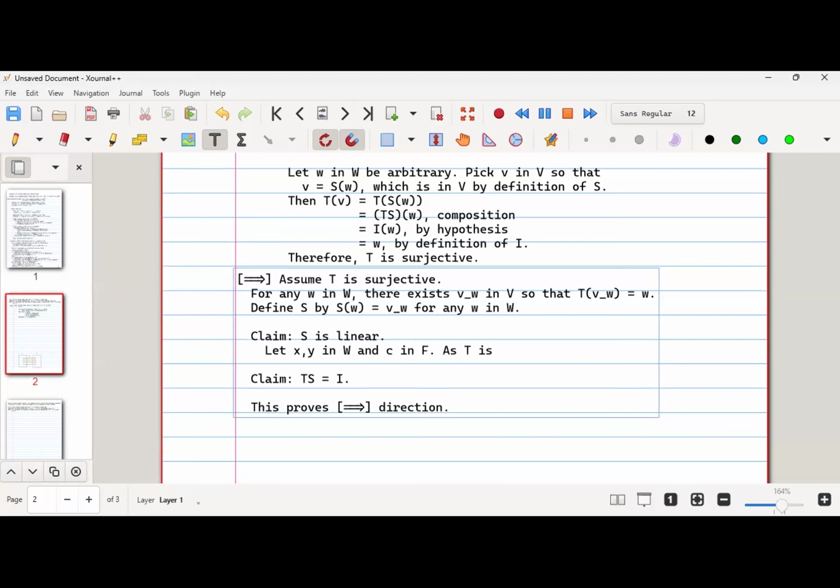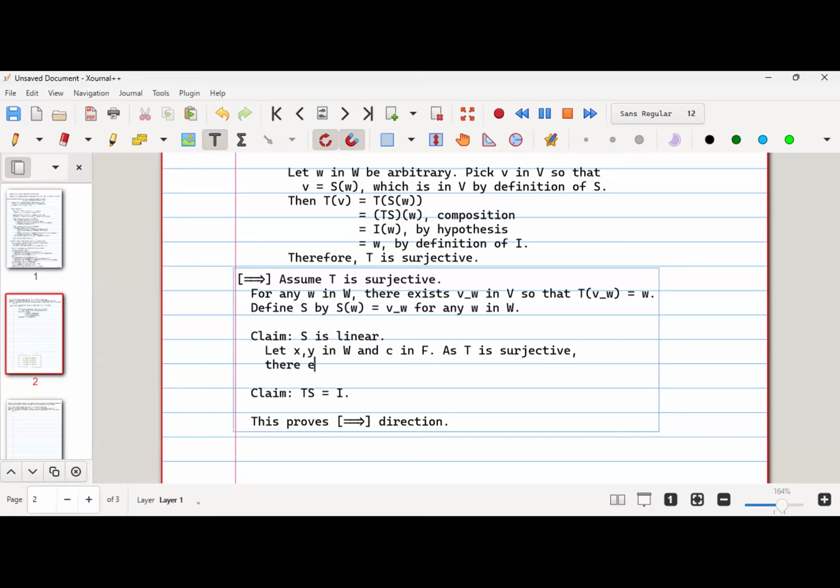And then as T is surjective, there exist vectors Vx and Vy in V so that T Vx is equal to X and T Vy is equal to Y, right?